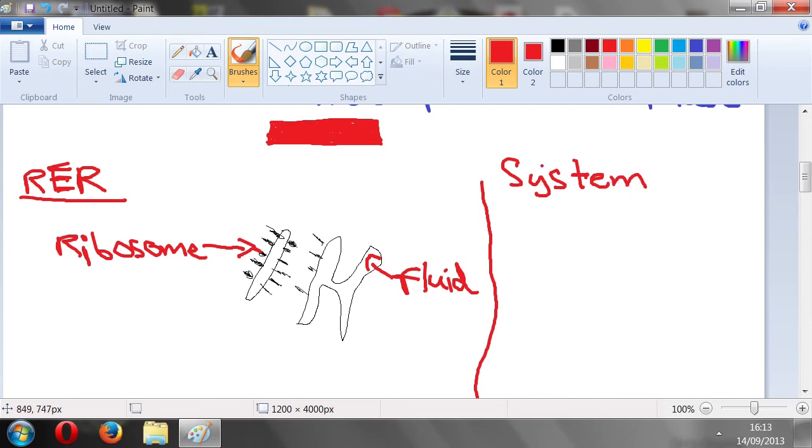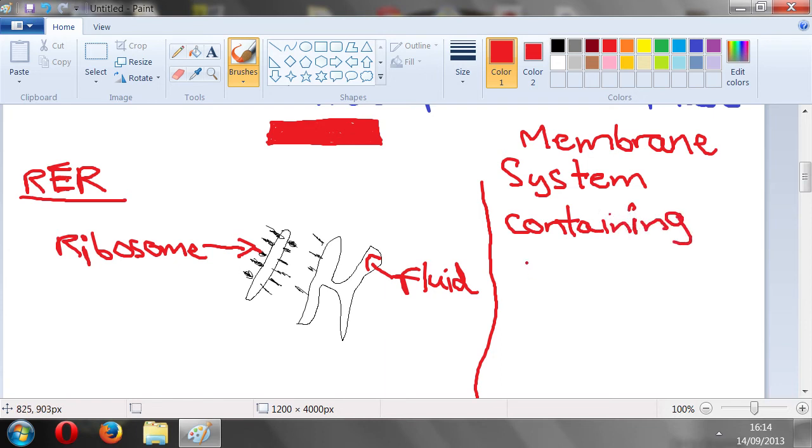A membrane system. And it's like containing a volume filled with fluid.